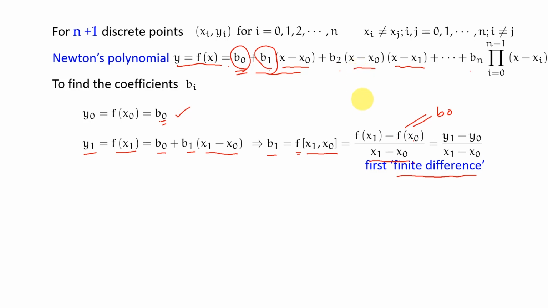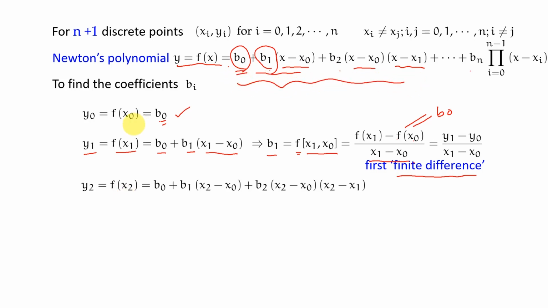With the same idea, every term in this polynomial has x minus x2 except the first three terms. So if I put x equals x2, then only the first three terms will survive.